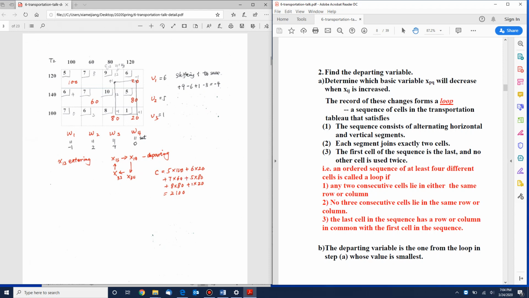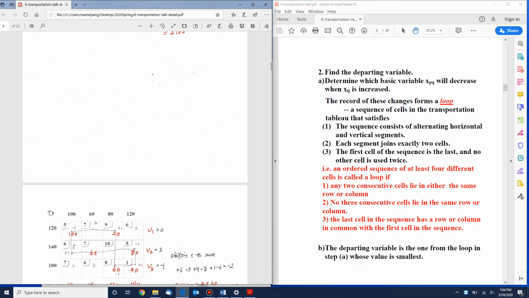So actually we save $4 if we make this change. And then we can form a new tableau now, because we already found the entering variable and the departing variable, then we put the amount of the departing variable to the entering variable, then adjust the amounts in the rest of the cells on the loop, right?